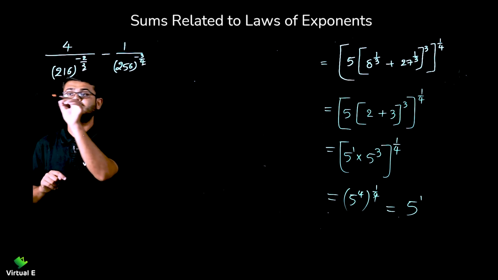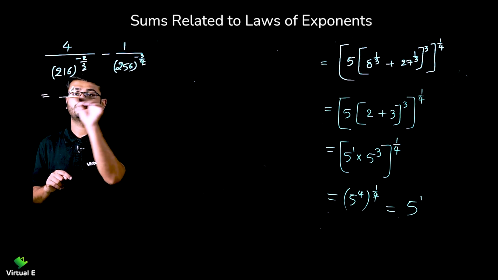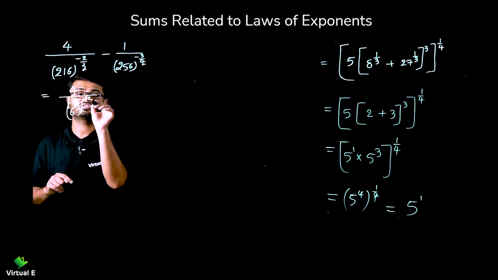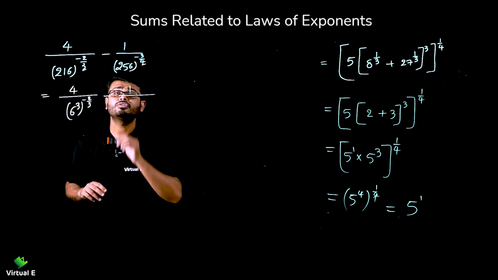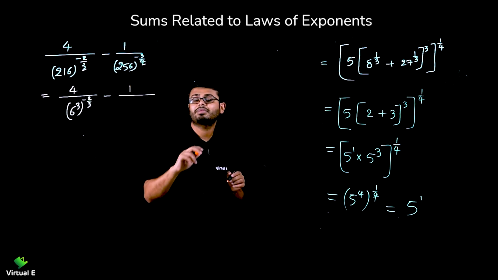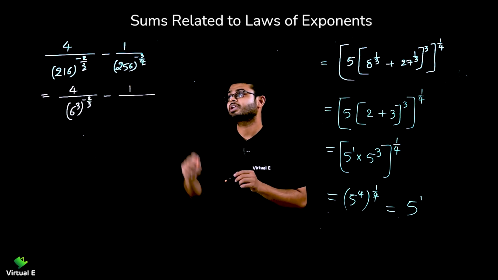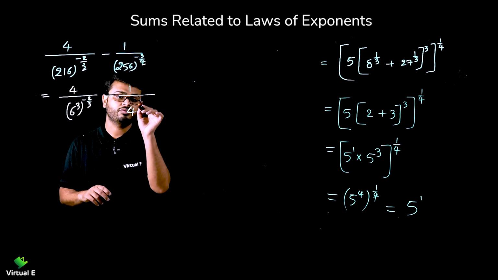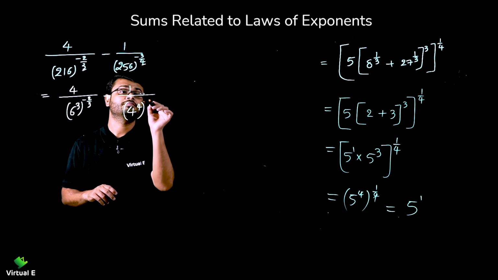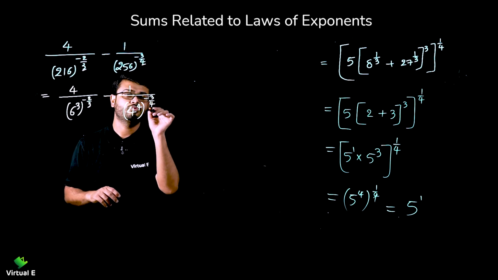So let's write: 4 by 6 cube raised to minus 2 by 3, and here 256. Which number you multiply 4 times with itself to get 256? That is 4. 4 raised to 4, raised to minus 3 by 4, right?